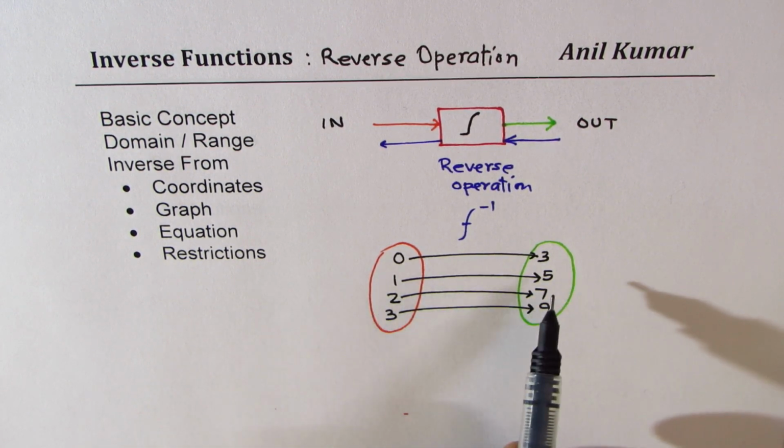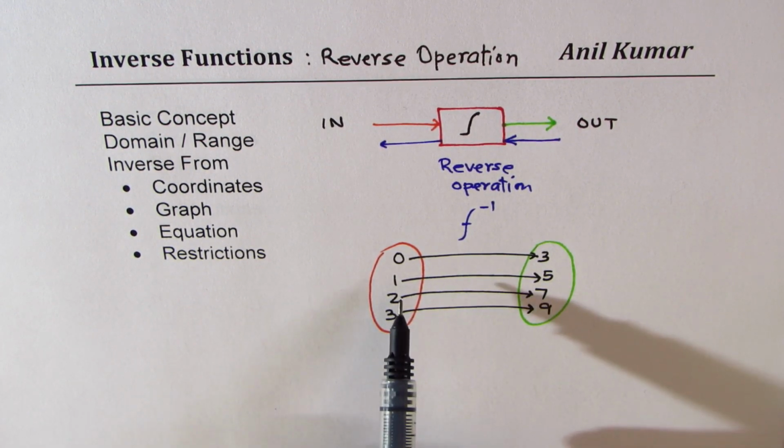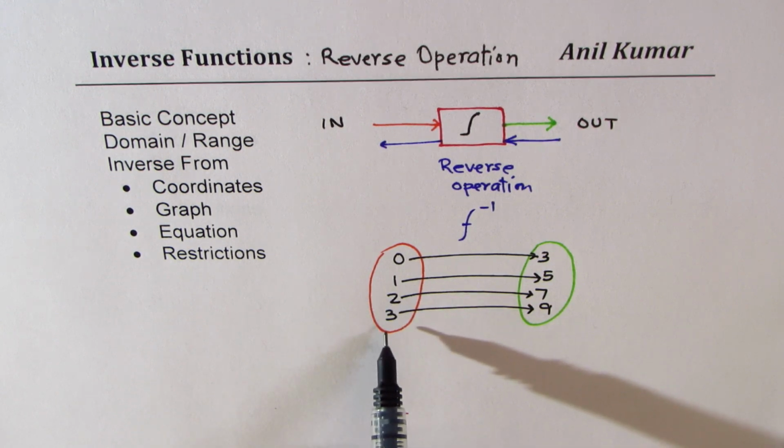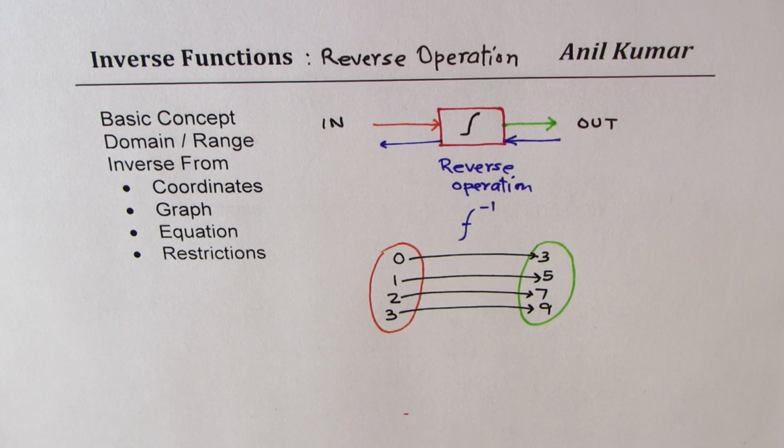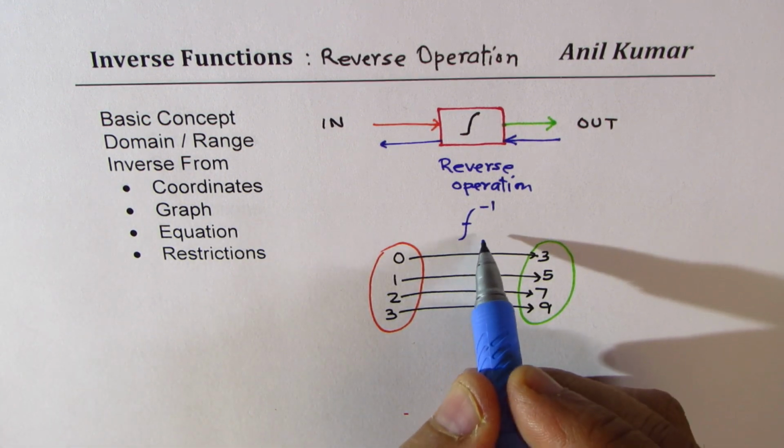So this is a mapping diagram, as you know, where 0, 1, 2, 3 are the inputs and the corresponding outputs are 3, 5, 7, and 9. We'll call this our function, so let's call this function f.